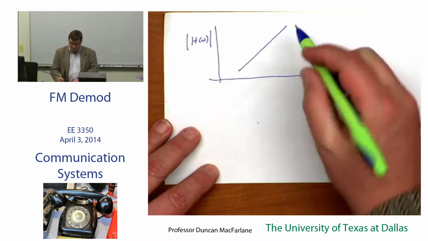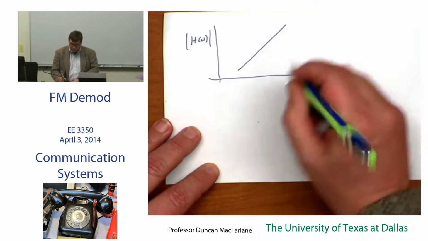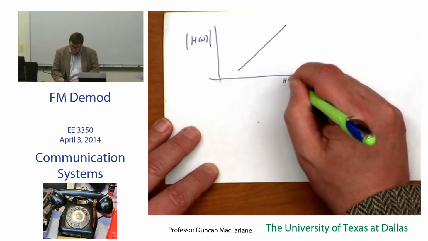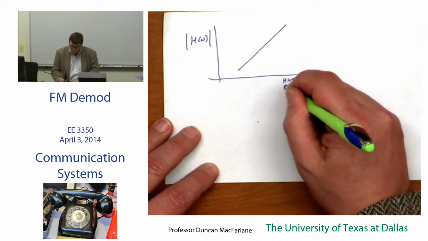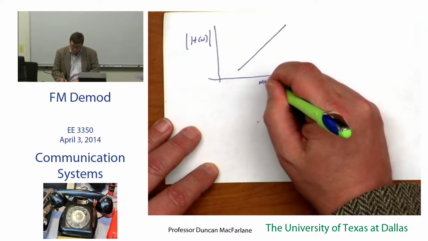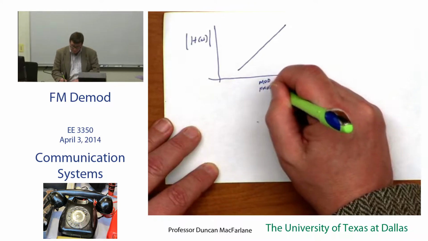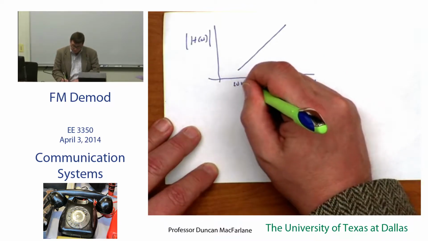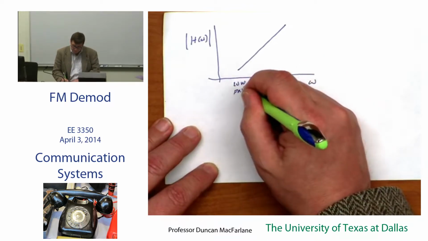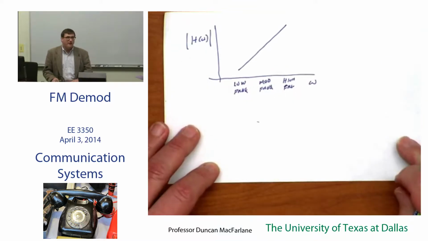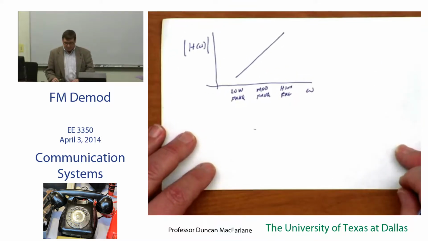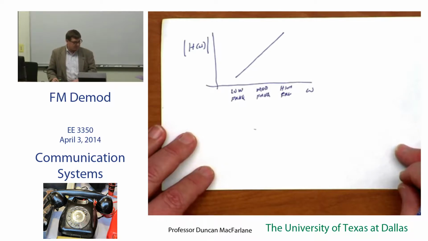And so what I have is for high frequencies, and I'll even label this, I'll say this is high frequencies, this is medium frequencies, and this is low frequencies. Okay? Same qualitative scale that I used before on my time domain plot. Okay?